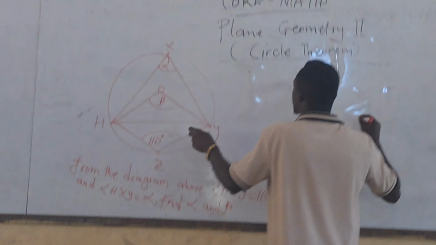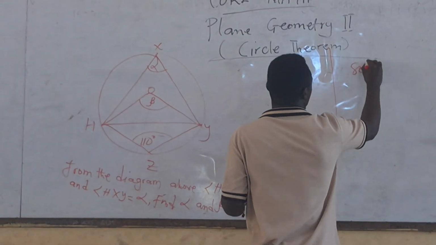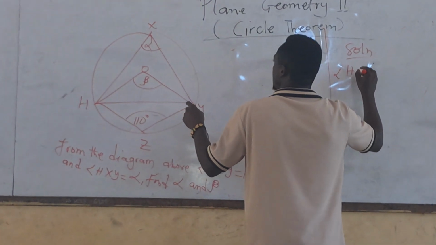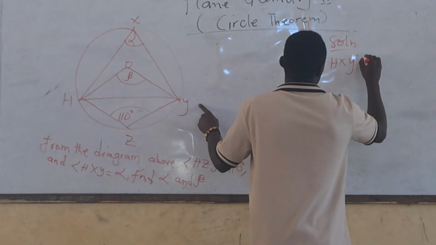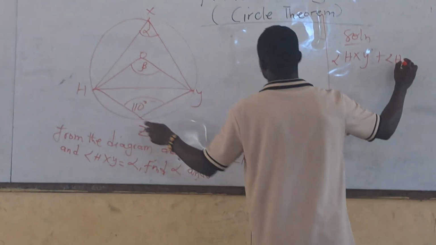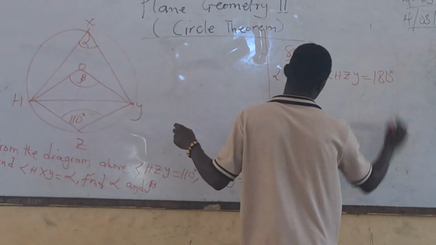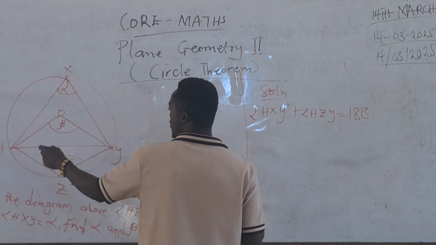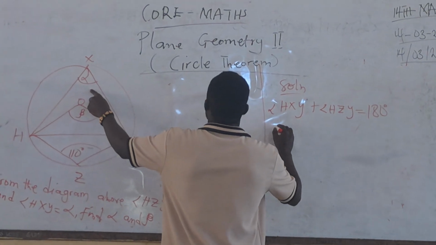So therefore, let's solve this. You can see that angle HXY plus angle HZY equals 180 degrees.